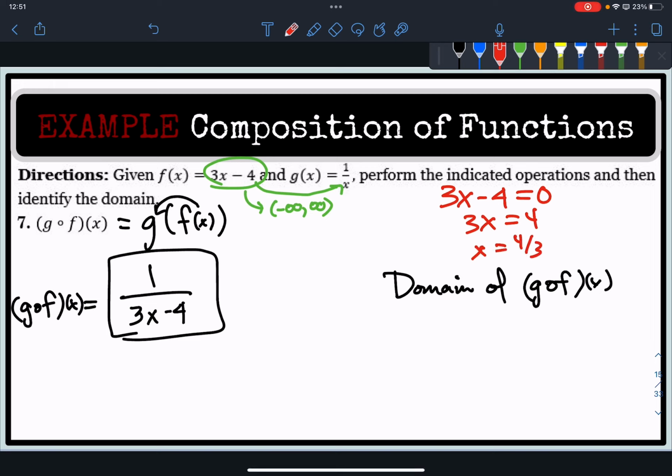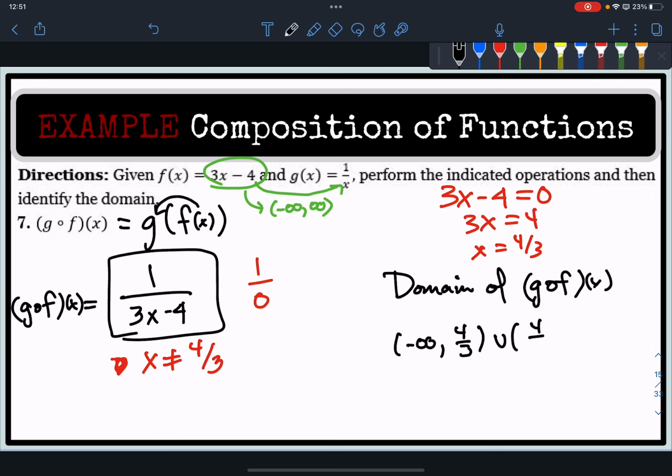So we have to exclude 4 over 3. We cannot have x equal to 4 over 3 because then we end up dividing 1 by 0, which is undefined. So our domain would be all real numbers except 4 over 3. So this is your domain.